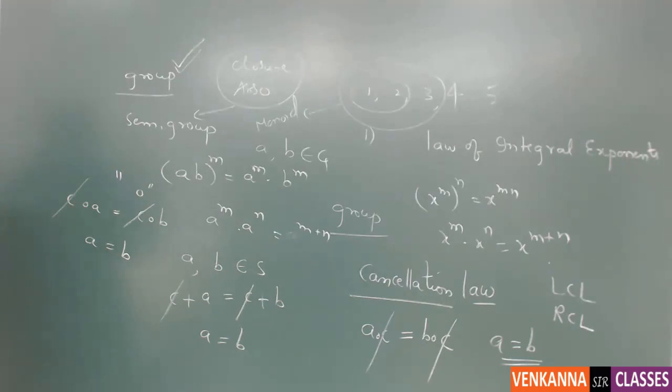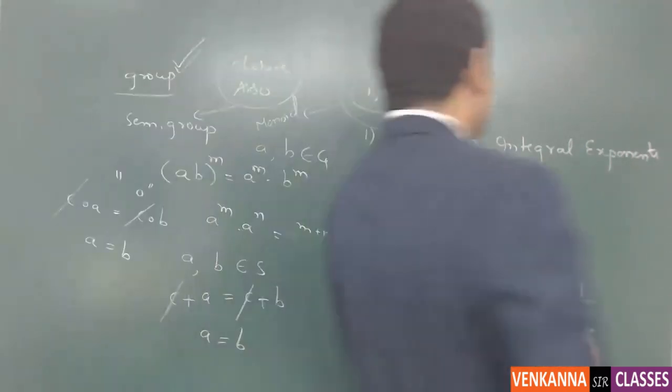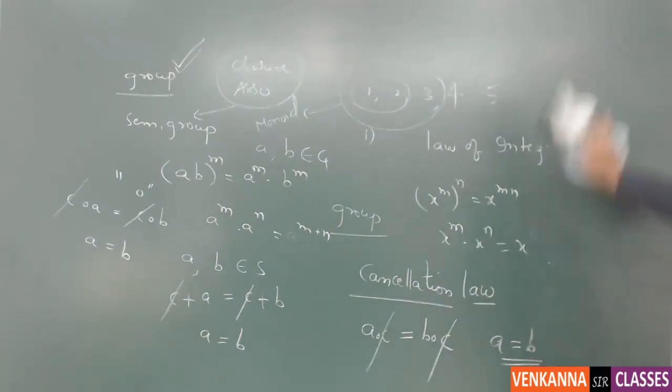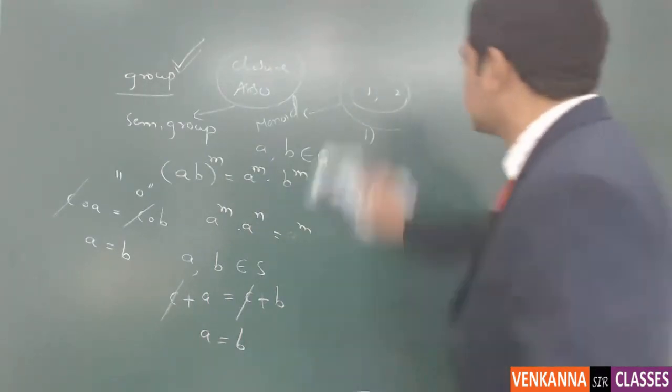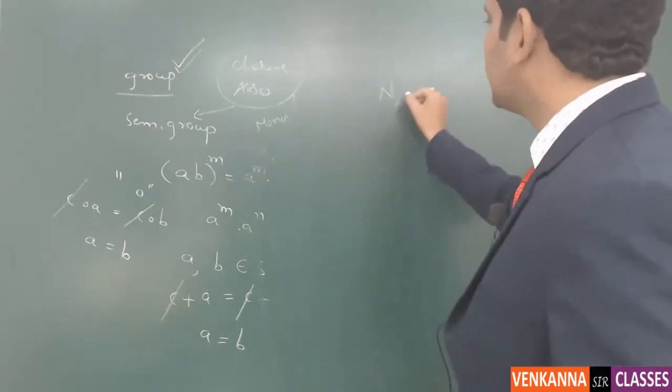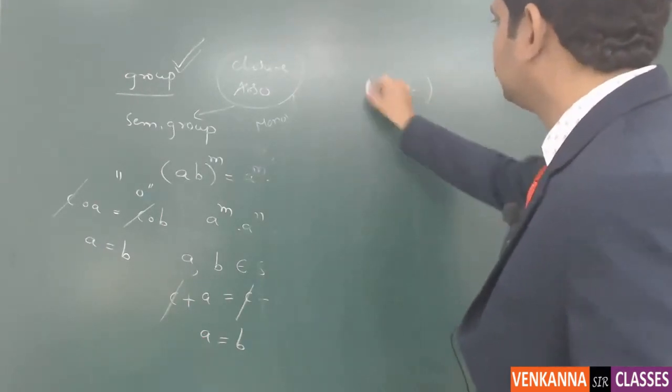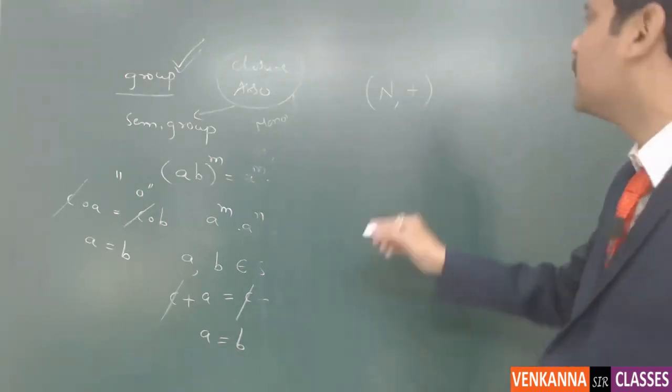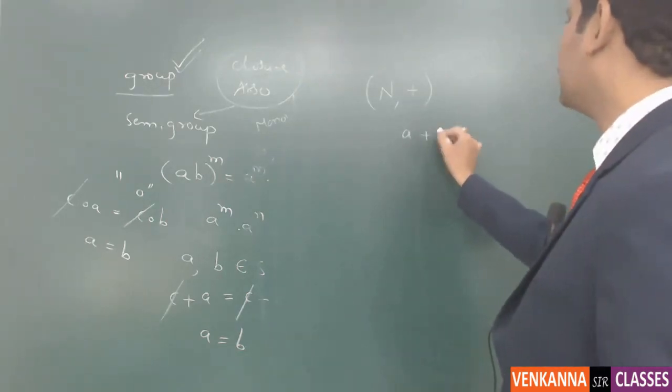We can say one more thing, that there are semi-groups where the cancellation law gets satisfied, but it is not a group. For example, we have done the natural number system (N, +). You take the natural numbers N and the operation plus.